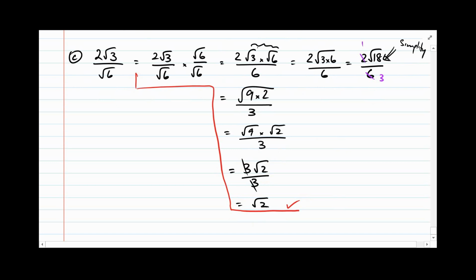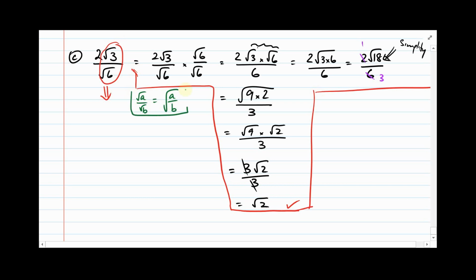Could I do this in another way? Let's look at that other way then. Let's examine this part. Do you remember your rules? I'm going to point out, if I use the rule that root A over root B is one common square root, let's look at what we get here.